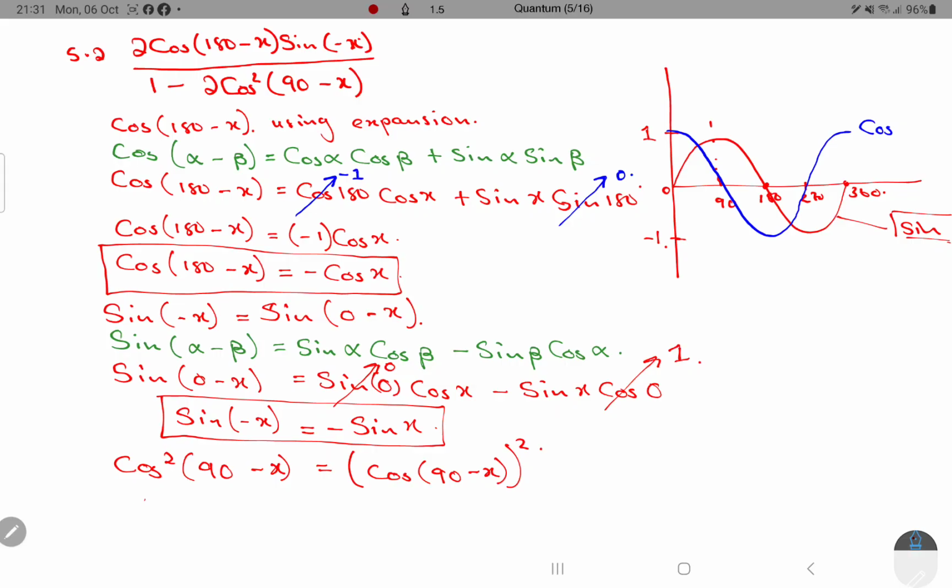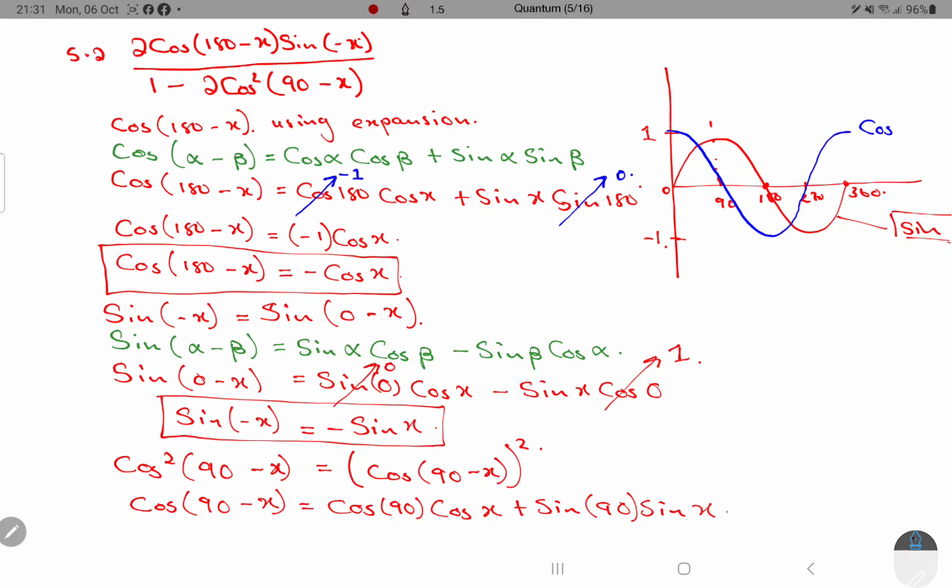We already wrote the expansion: cos of 90 minus x is cos 90 cos x plus sine 90 sine x.